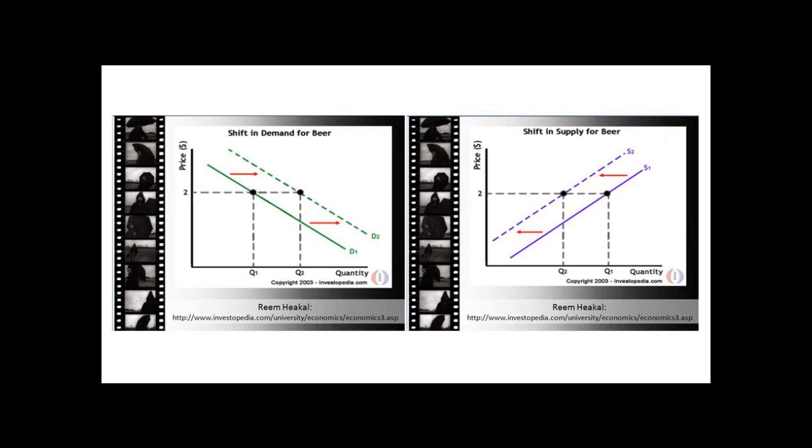A shift in the supply curve would occur if, for instance, a natural disaster caused a mass shortage of hops. Beer manufacturers would be forced to supply less beer for the same price.